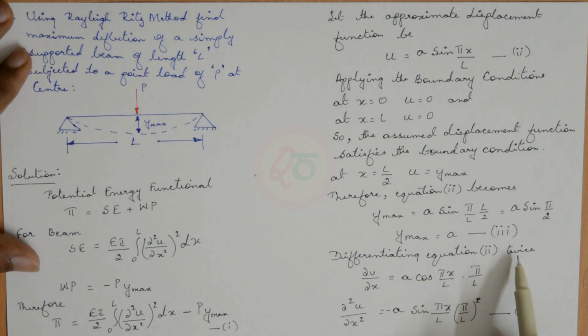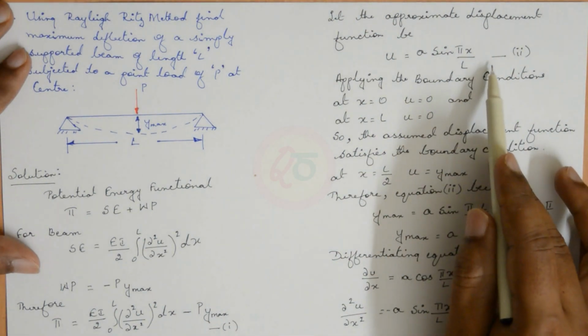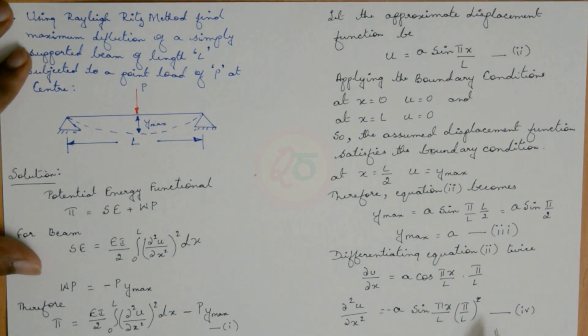Differentiating equation 2 twice, because we need to obtain dou square u by dou x square. Dou u by dou x is a cos pi x by L into pi by L. Dou square u by dou x square is minus a sine pi x by L into pi by L whole square. I call this equation 4.